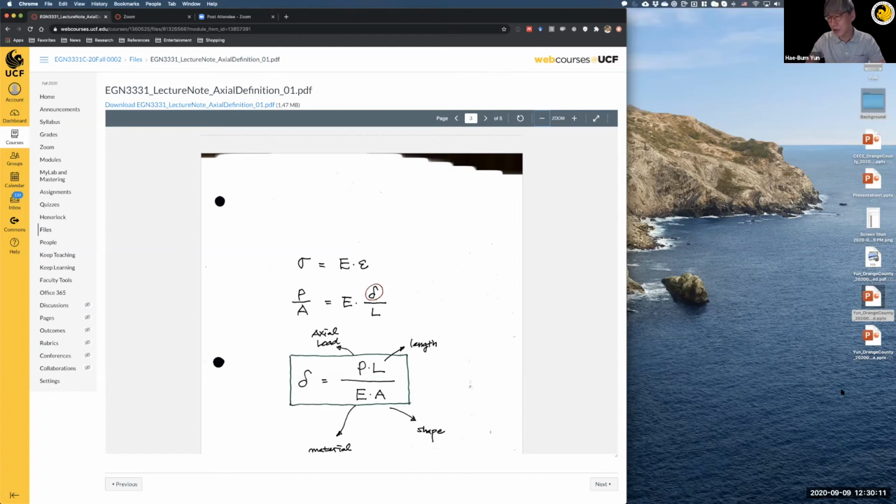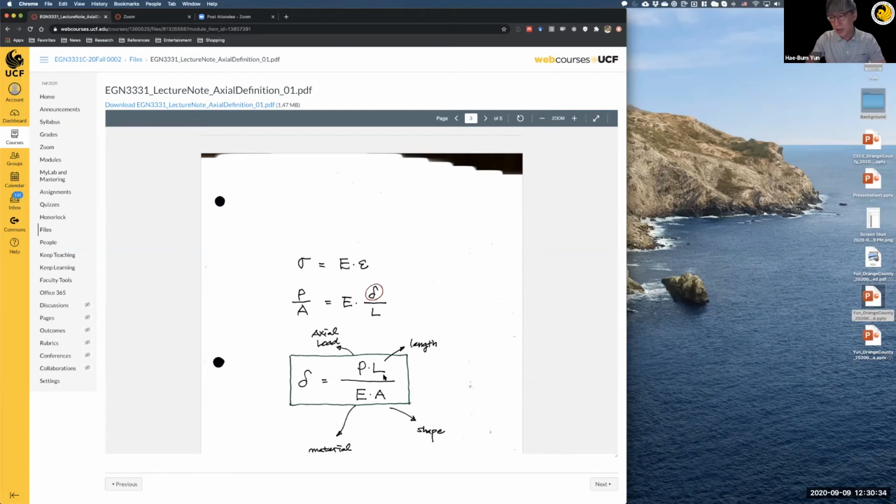Definitely, Victoria. You actually asked a very important point. When I say shape, that is mostly the cross-section, okay? But in this formula, we have one more shape-related quantity, which is L. L is also shape related.